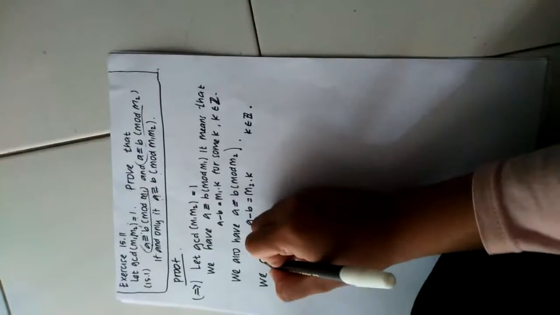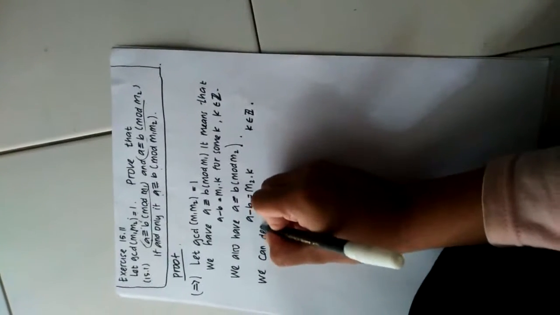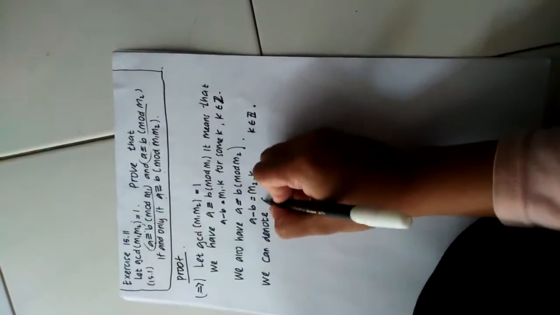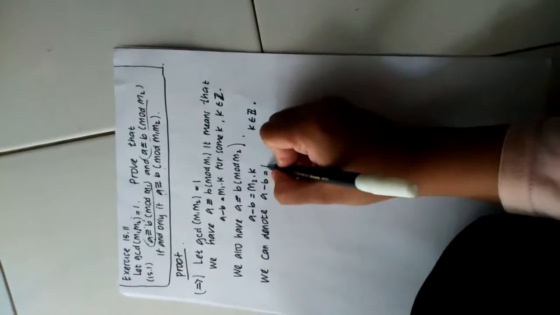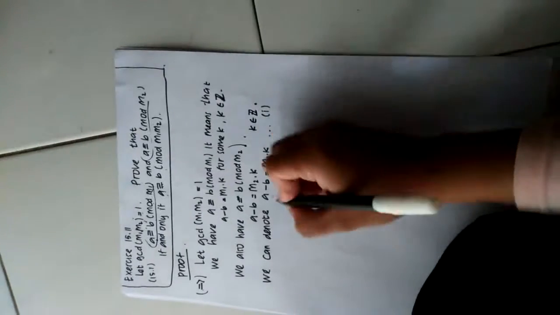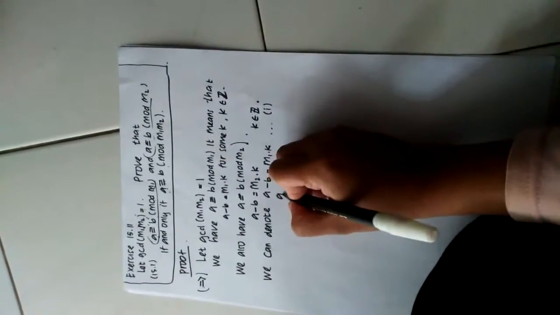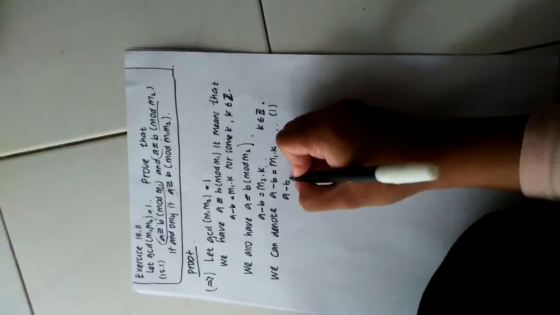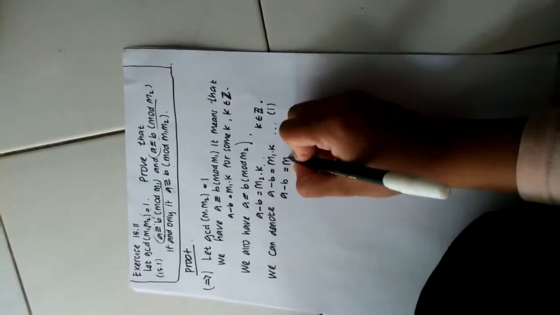We can denote a − b = m1 times k. This is the first form, and the second form is a − b = m2 times k.